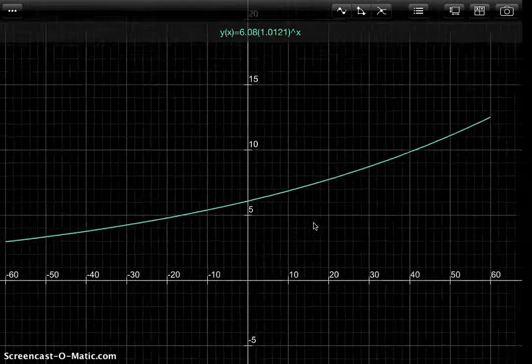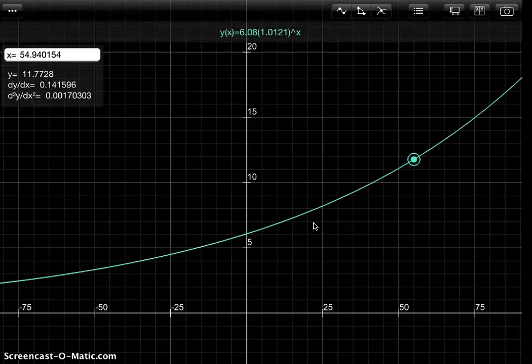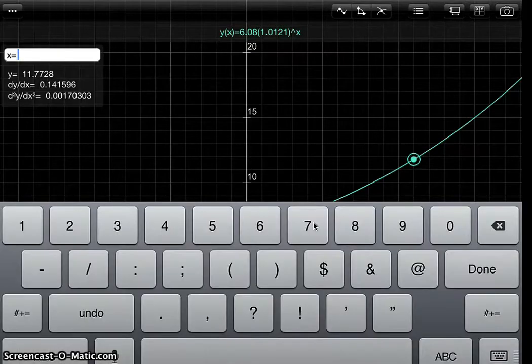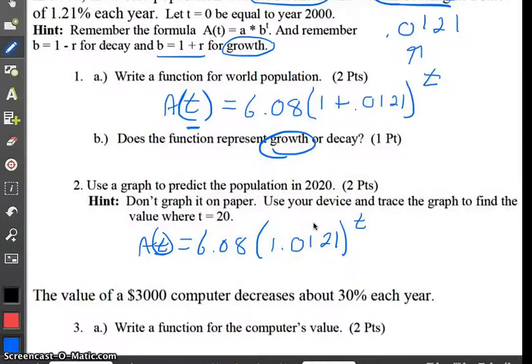Now let's play with it a little bit. It wants to know when t equals 20. So if I go up here and type in a 20 and hit done, looking right here, it tells me 7.73 is what it's going to be. So I can see that according to this, the world's population will increase to 7.73 in 20 years. So let's write that.